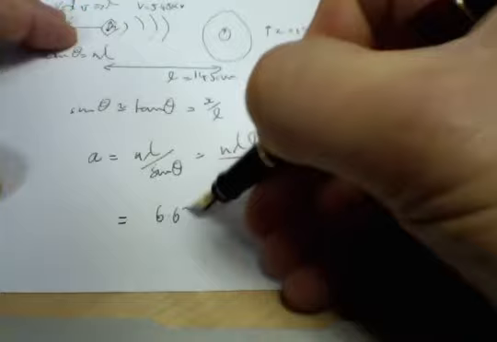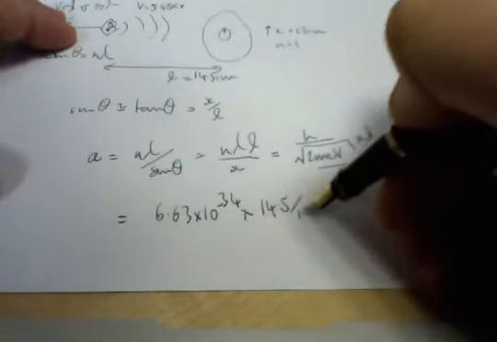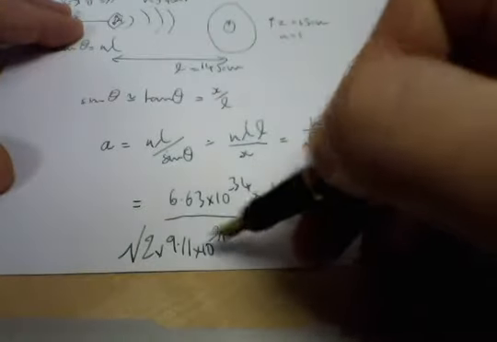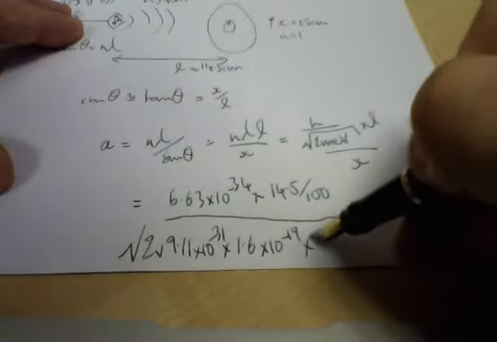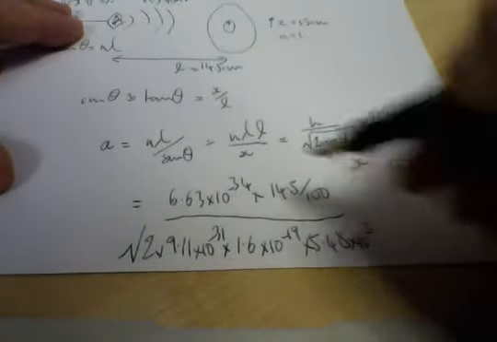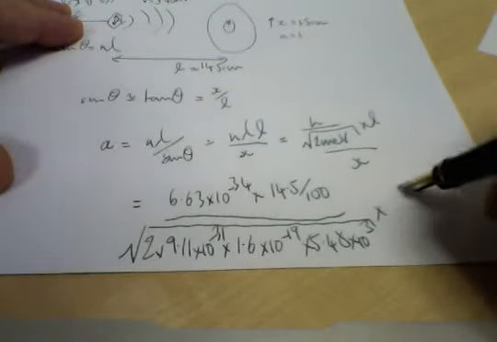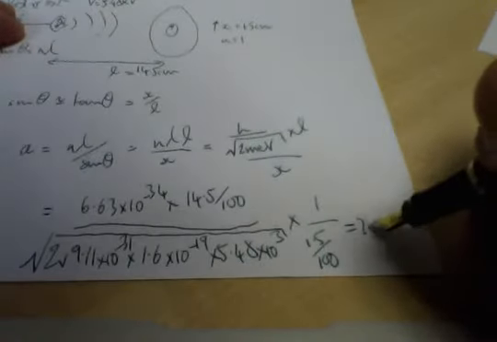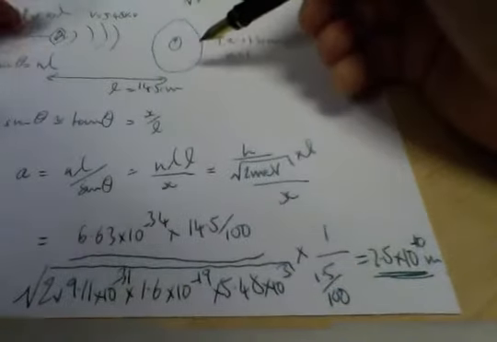That gives me 6.63 times 10 to the minus 34 by 14.5 centimeters, a quick conversion, divided by the root of 2 by 9.11 times 10 to the minus 31, the mass, by the charge on the electron, by the voltage, 5.48 times 10 to the 3. Square root all of that, and multiply it by 1 over 1.5 centimetres. Grand total of 2.5 times 10 to the minus 10 metres, and that is right for a graphite separation.